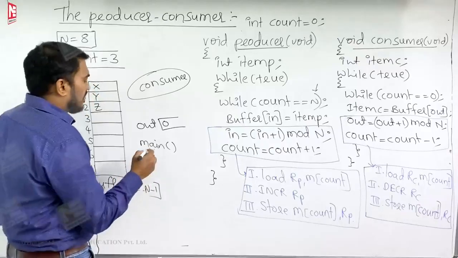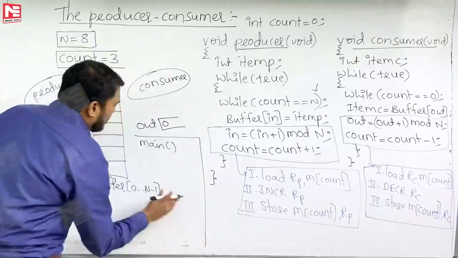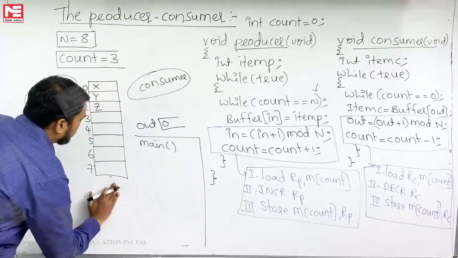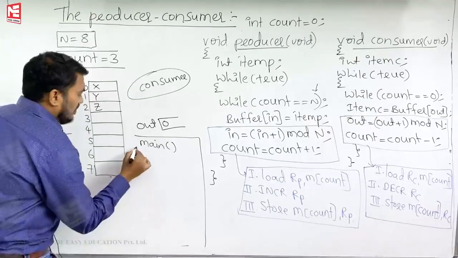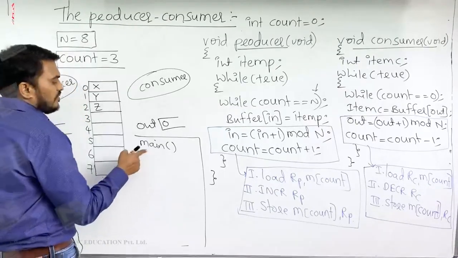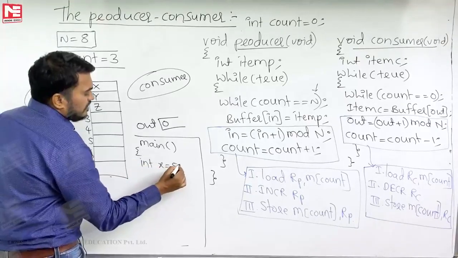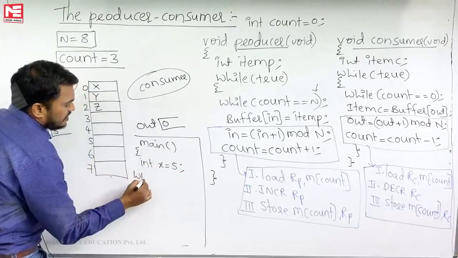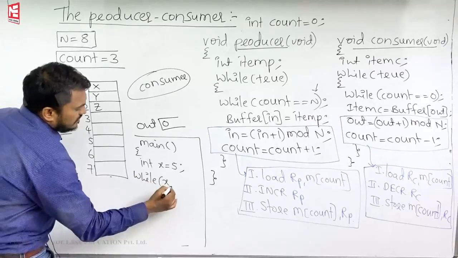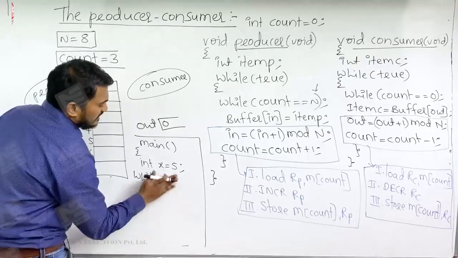Okay, a small program I am writing here. So I am making the box. Okay, so a small C language program. So main, note down, integer x equal to 5, while x plus plus less than or equal to 7 semicolon, printf %d x.